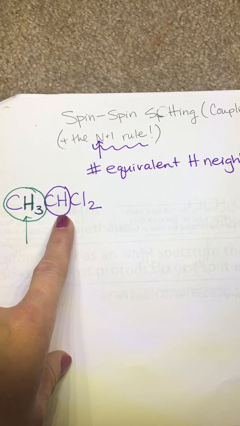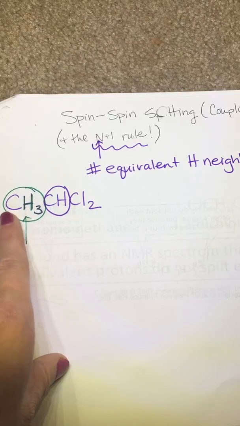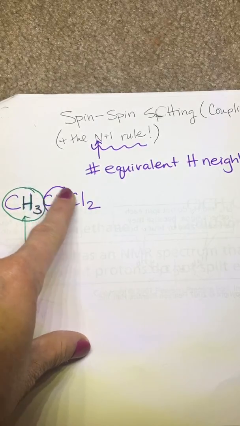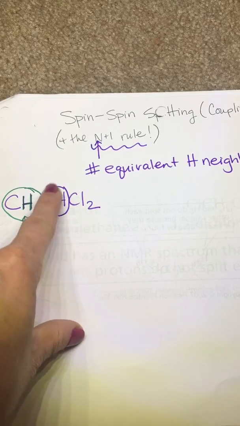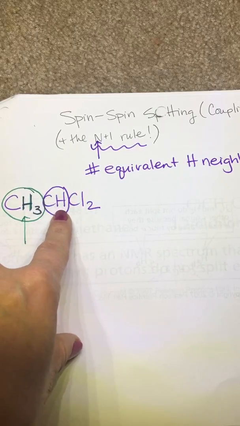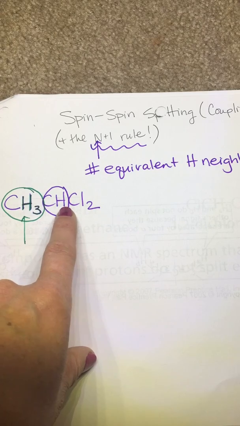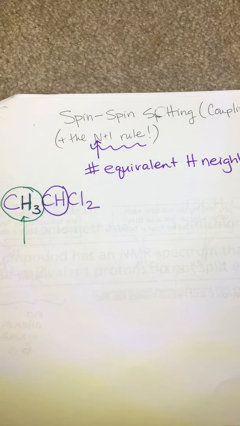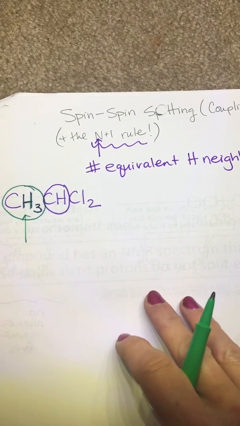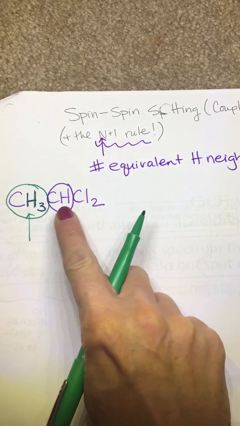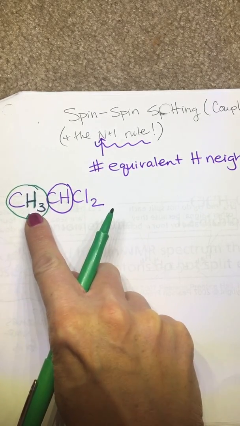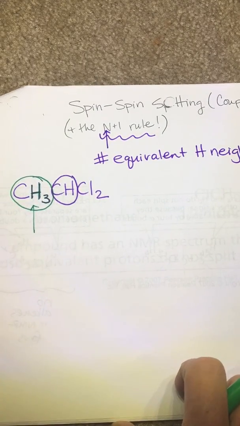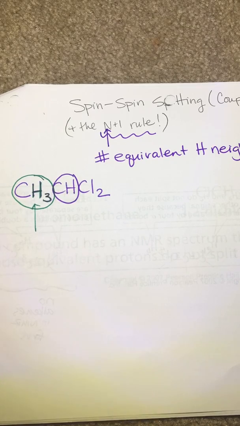Now, when we say equivalent, we're not saying equivalent to these guys because clearly they're two different types of hydrogens, but we just have one neighbor and he's unique to himself. If this had been a CH2, we would have said those two hydrogens are equivalent to each other. And when we look at this guy, he's got three hydrogen neighbors that are equivalent to each other, so they're all the same type of hydrogen.